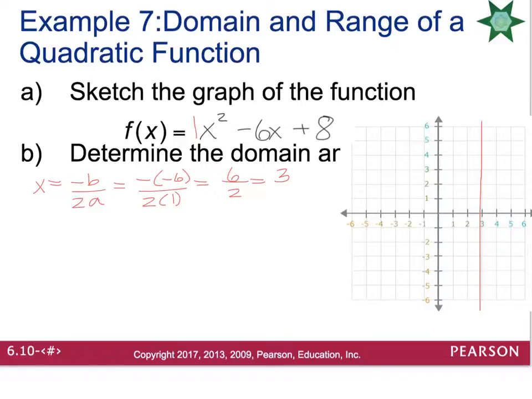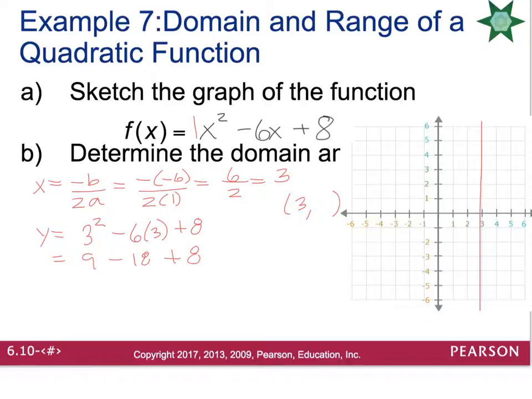We already know that the x value of the vertex is 3, but in order to find the y value of the vertex, we need to take the 3 and substitute it into the equation to see what y value corresponds with x equals 3. So if you do that, that would give you 9 minus 18 plus 8.